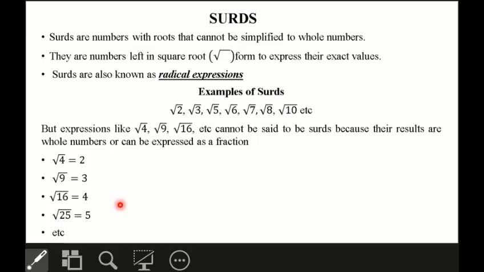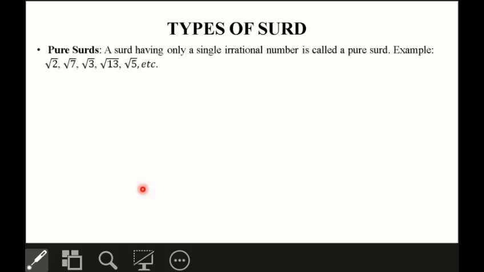Good. So let's continue. So we are now going to talk about types of sets. We have different types of sets that we are going to deal with. So our first one is a pure set.